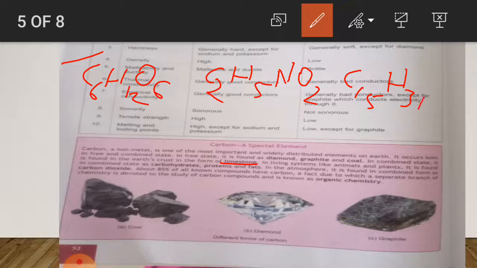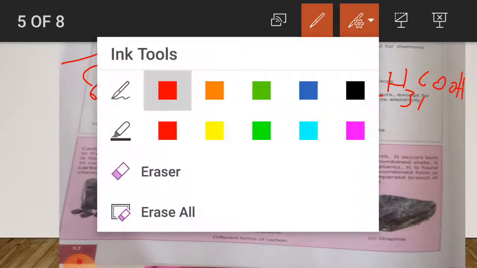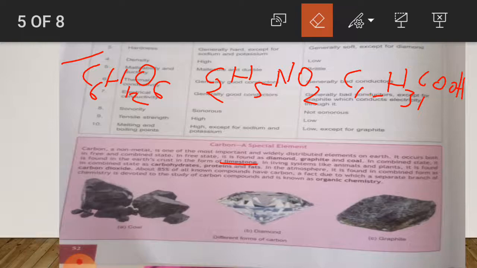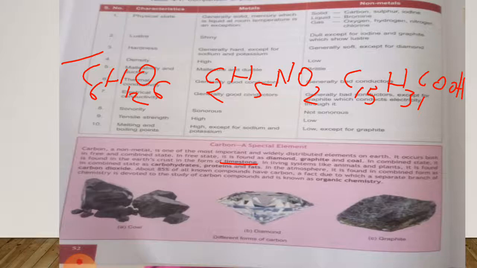Now about fat. C15H31COOH. So this is a formula of an ester of palmitic acid. This is the formula of fat.